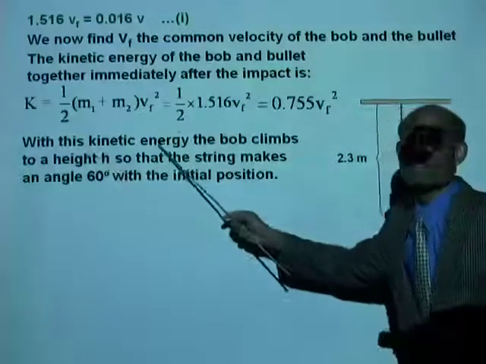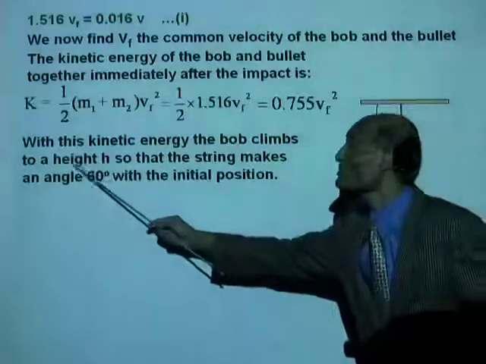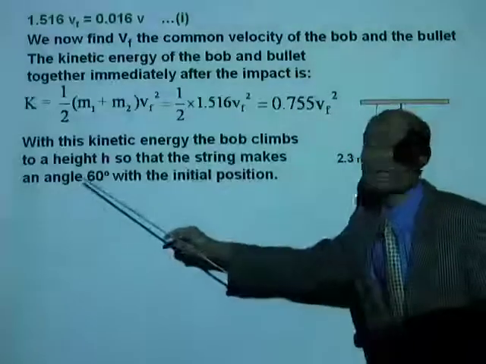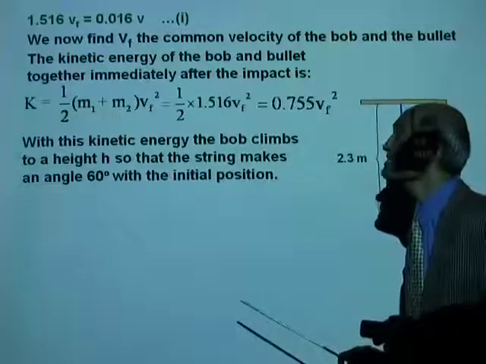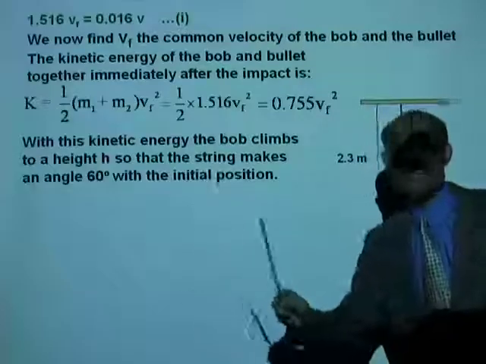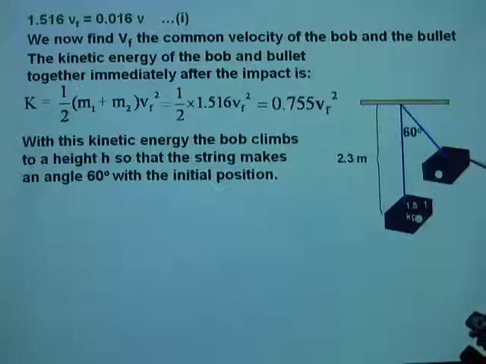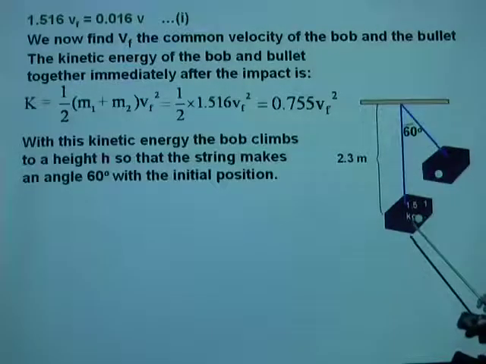What happens after impact? With this kinetic energy, the bob climbs to a height h so that the string makes an angle 60 degrees with the initial position, as I demonstrated to you. So this is now going to rise so that the string makes an angle 60 degrees.